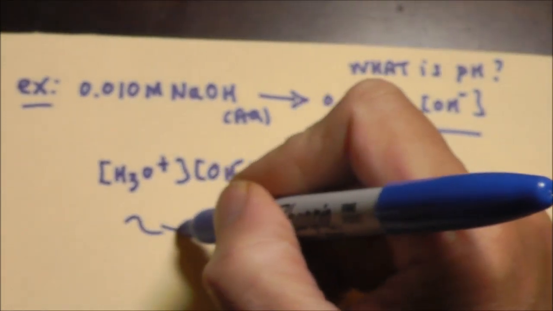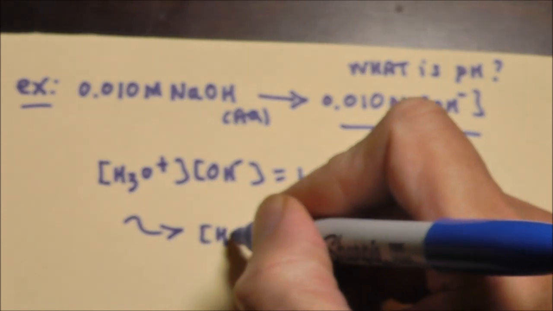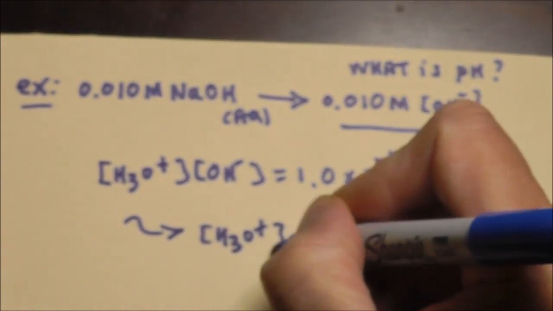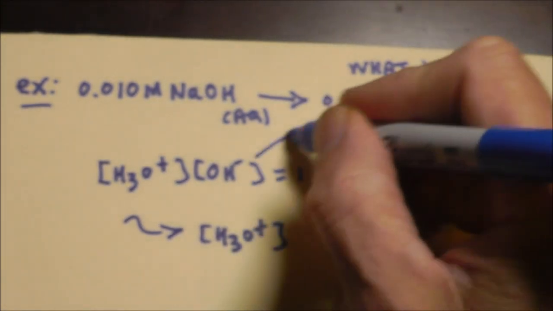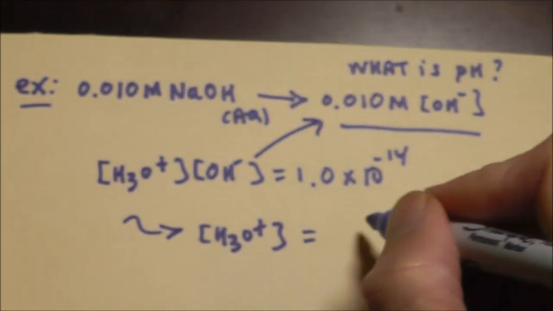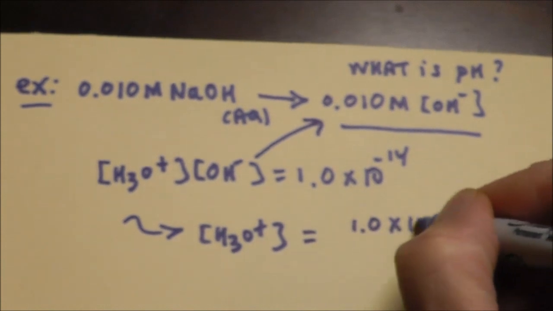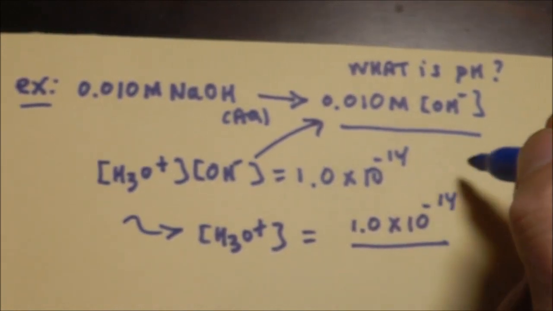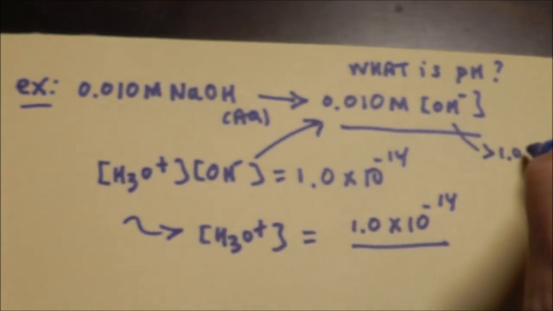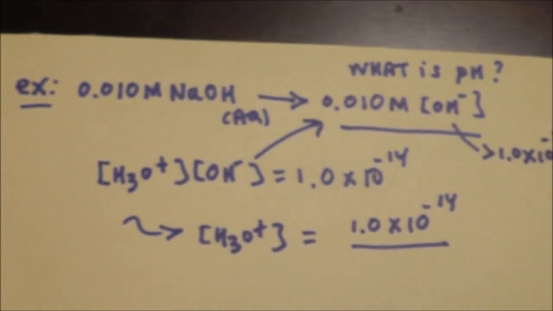And so if I want to solve for H3O+, I would then divide both sides by this OH- concentration. So this would be 1.0 times 10 to the minus 14 divided by, well, frankly, this is also 1.0 times 10 to the minus 2.